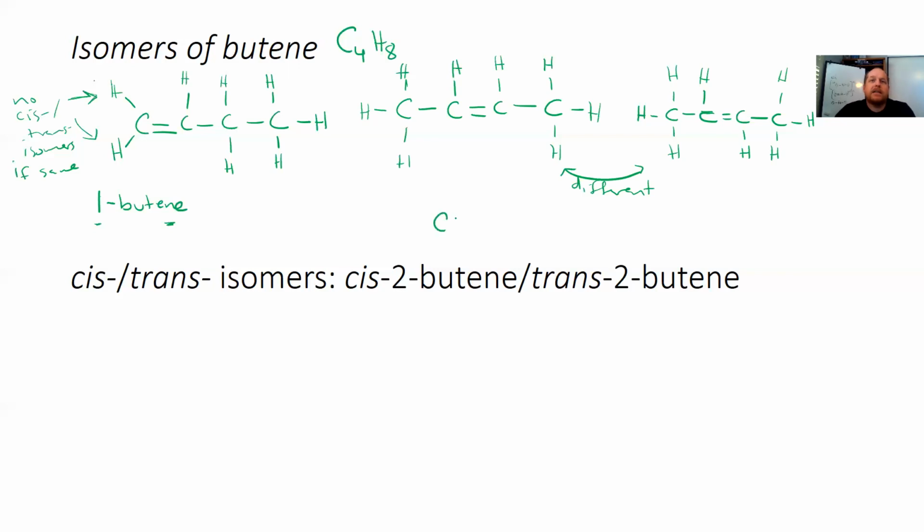So if I take this double bond, here's my double bond, what I'm going to do is put a line through the 2 carbons. Okay, through these 2 carbons. These are just the middle carbons.